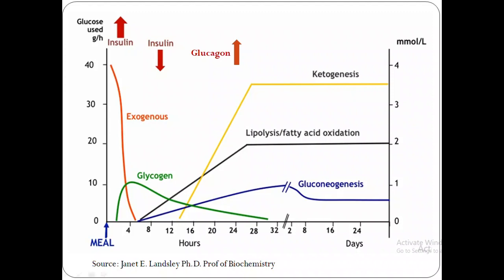Usually after a couple of hours after the meal, blood glucose level drops to below 100 milligram per deciliter, and insulin level drops down close to its basal level, and there is a simultaneous rise in the level of the hormone glucagon, and liver glycogen is activated to be broken down to release glucose in the blood to maintain blood glucose level.